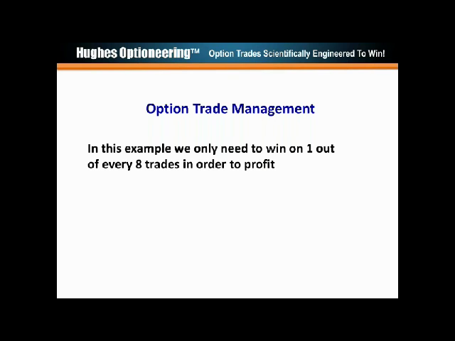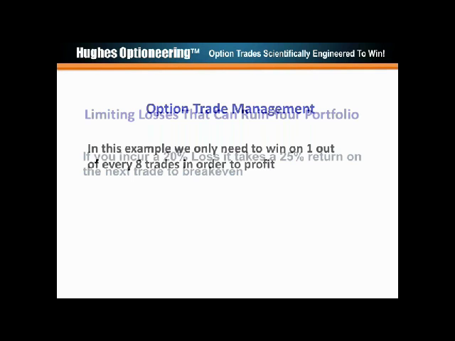So this is an example of why we don't exit with a small profit, because we want to hold on to the option and get a big winning trade. And if you do that, then you don't have to win on that many trades in order for your portfolio to profit. So we exit quickly with losing trades and hold on to winning trades.